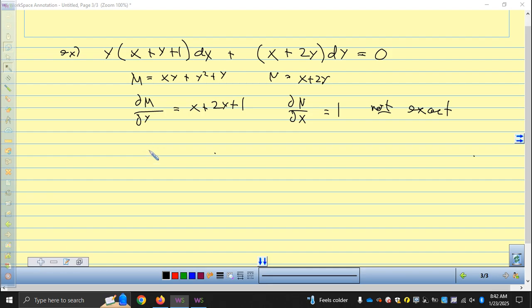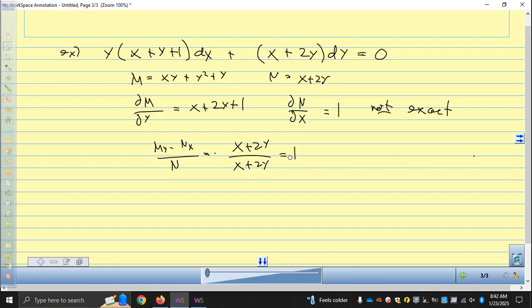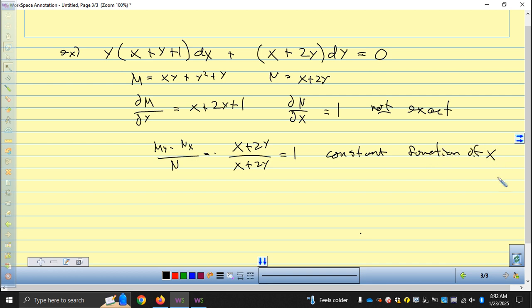Because if I do M sub y minus N sub x, oh, that works, over N, that's why it works. If I subtract these two, I get x plus 2y over x plus 2y equals 1, which is a constant, which is a function of x only.